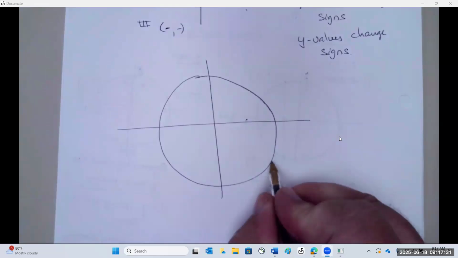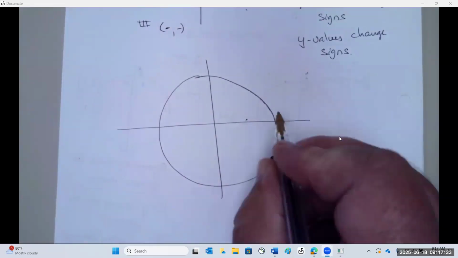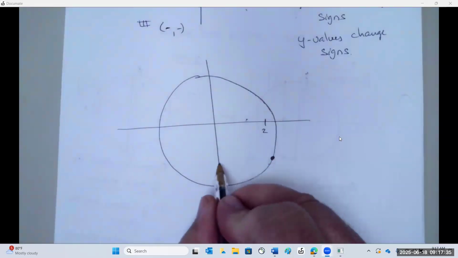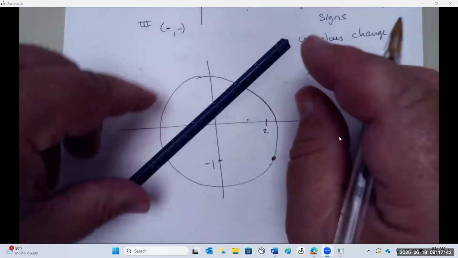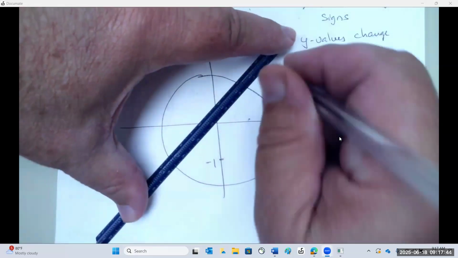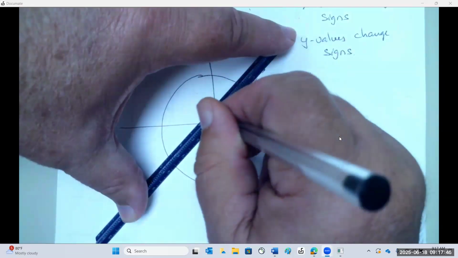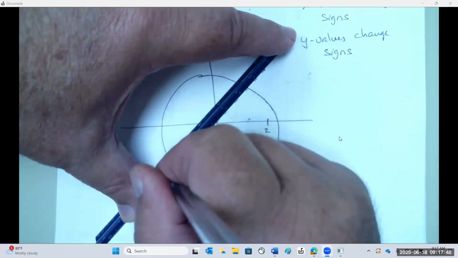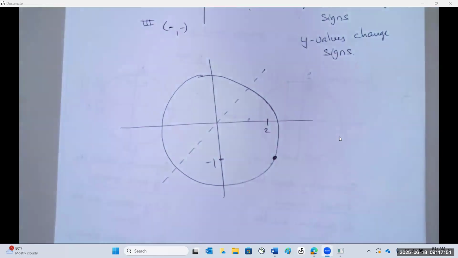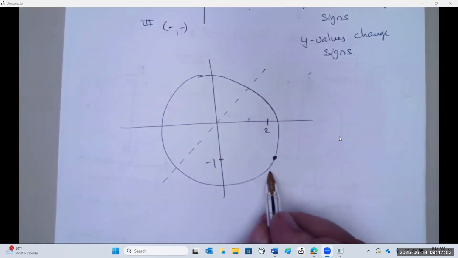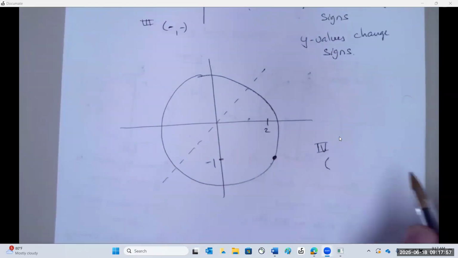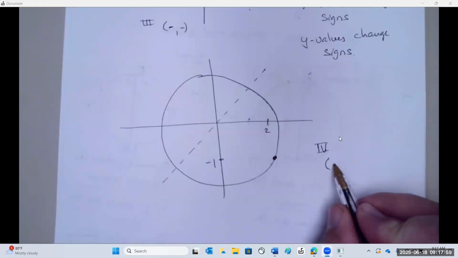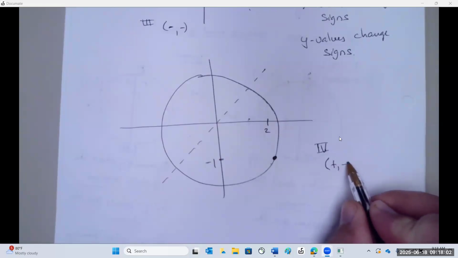What about if a point is here? Let's say that's at 2 and this one's at -1. This is about the origin. What if I fold it like this? What quadrant is this? What are its characteristics? Let's try again. Positive, negative.